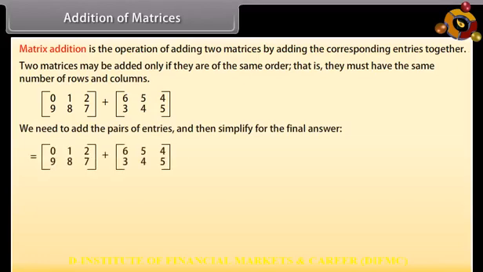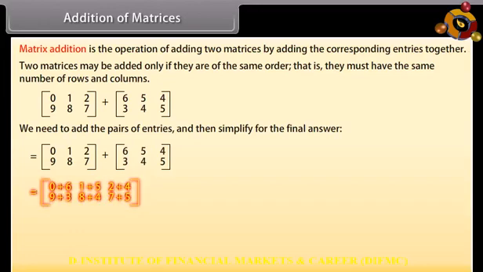Row-wise, first row 0, 1, 2, second row 9, 8, 7, plus row-wise, first row 6, 5, 4, second row 3, 4, 5.